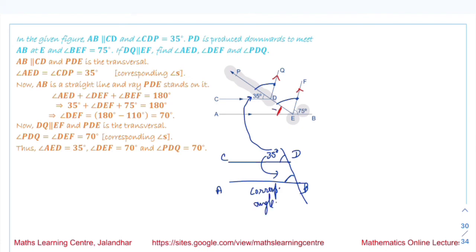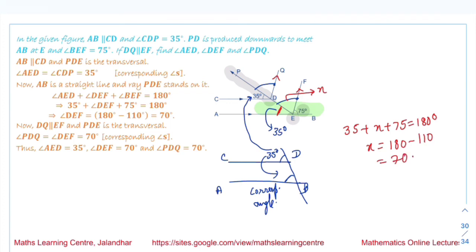Now these three angles, their sum will be 180 because they lie on a line AEB. Suppose this angle is x, so we get 35 plus x plus 75 is equal to 180 degrees. So the value of x is 180 minus 110, that is equal to 70 degrees.